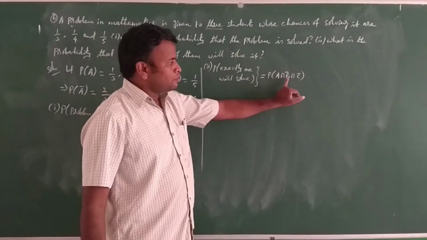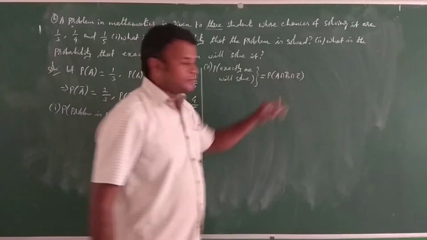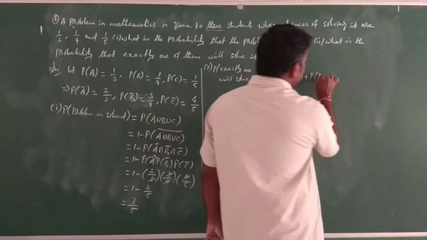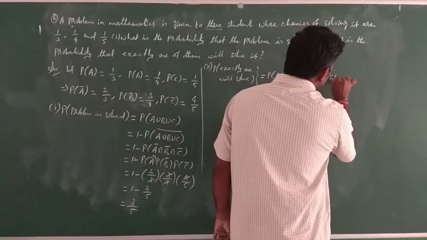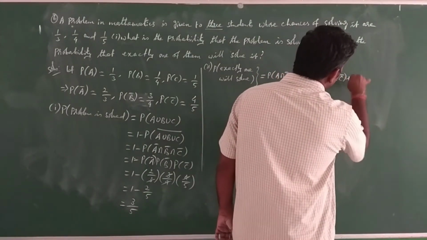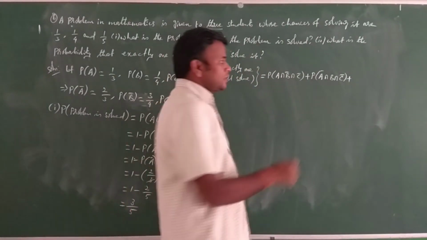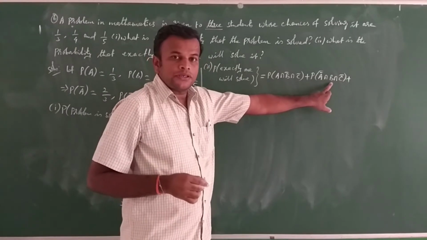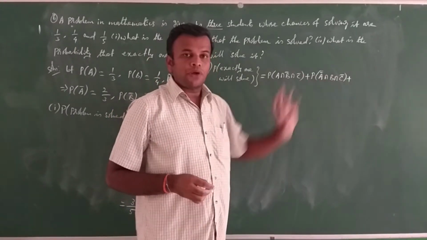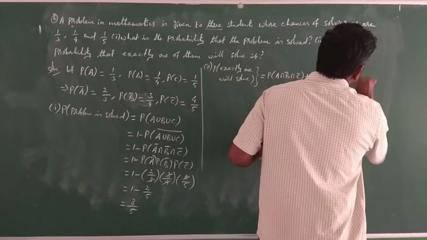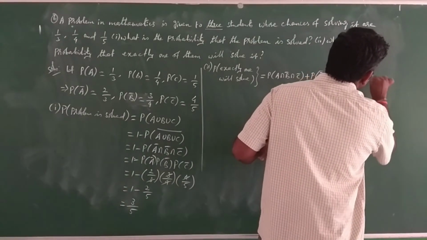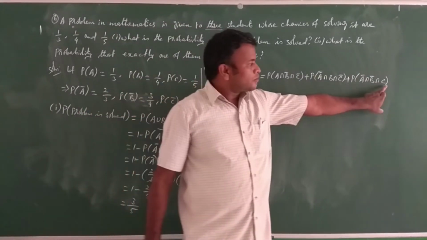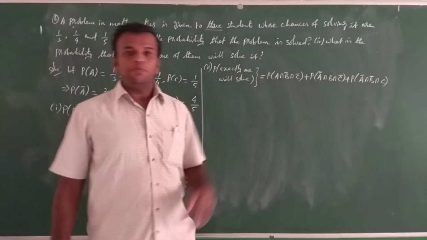A solved the problem, B and C do not solve it. Second one: A bar intersection B intersection C bar. The second student solves the problem, the remaining 2 do not. Third one: A bar intersection B bar intersection C. The third person solves the problem, the remaining 2 do not.